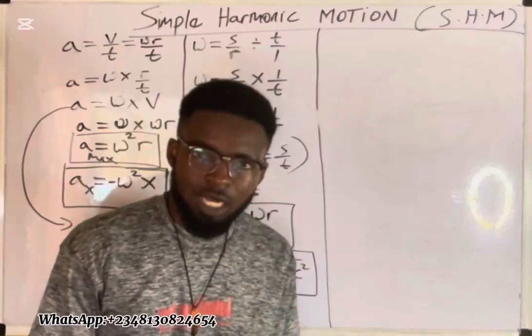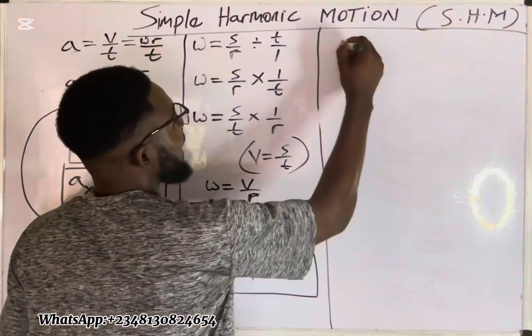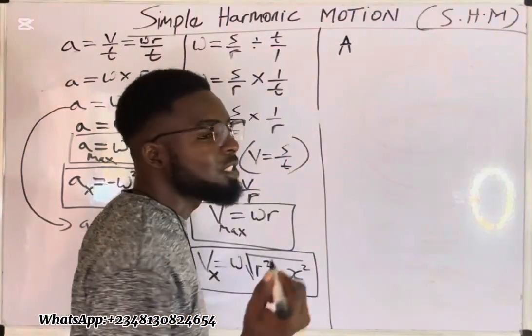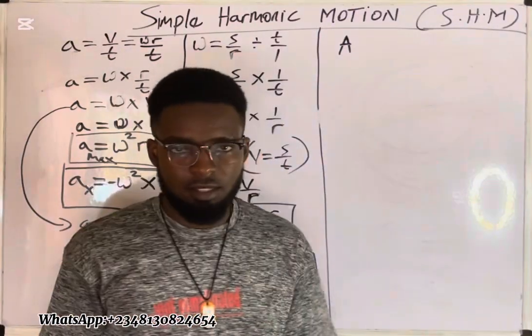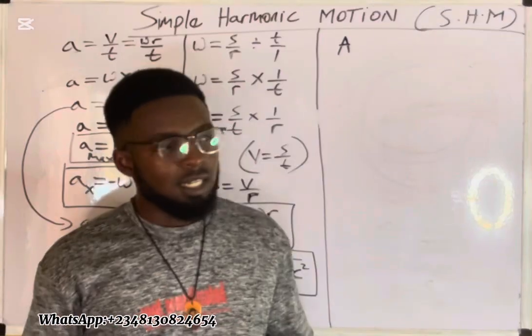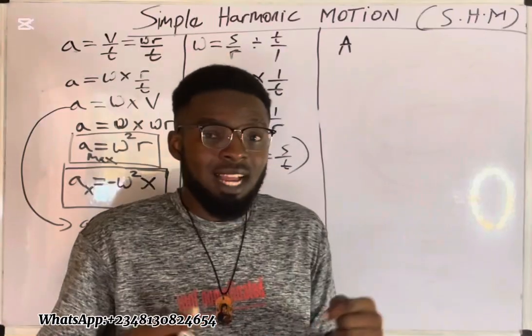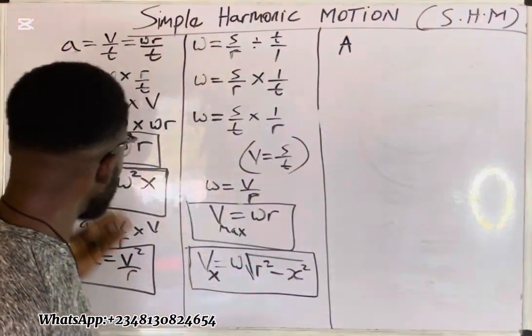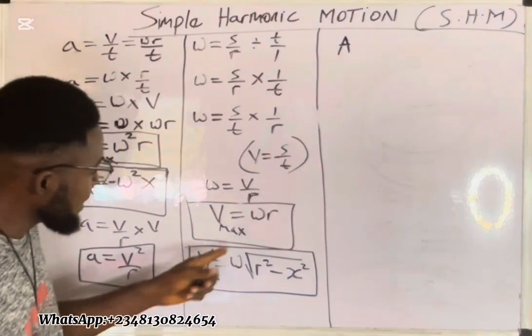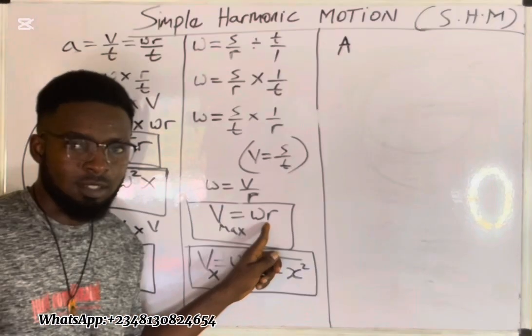Now, when we talk about amplitude, amplitude is denoted with capital letter A. Amplitude is the maximum displacement. Amplitude represents the maximum displacement of a body. Now, in circular motion, what is the maximum displacement? It is the radius.